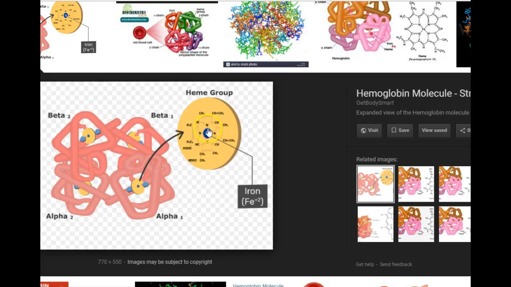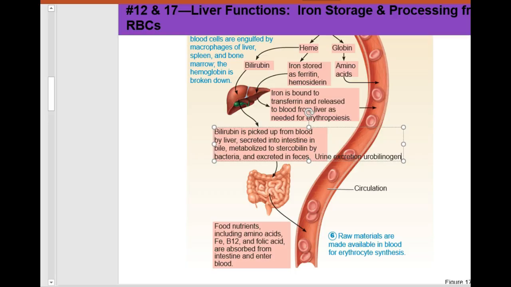So the iron part of the heme group can be processed and transported, or it can be stored in the liver.